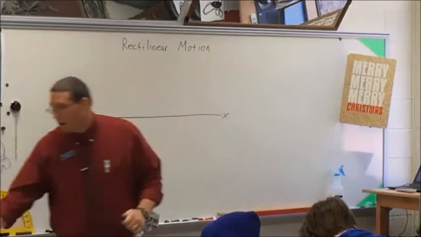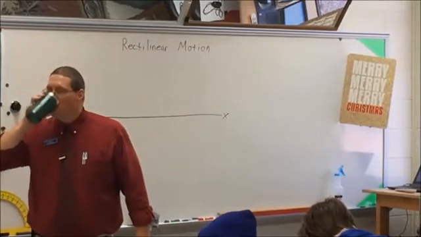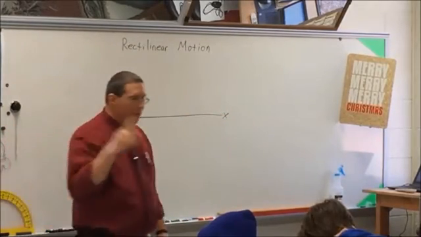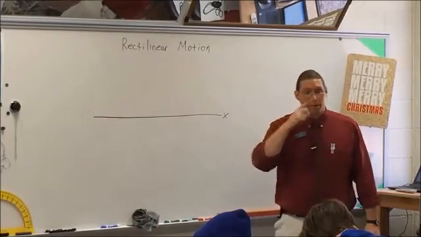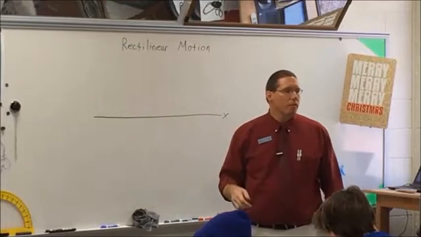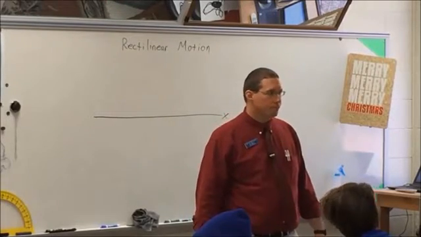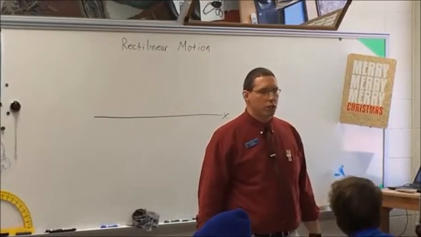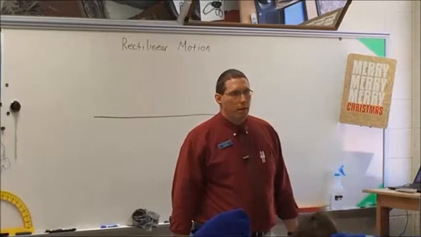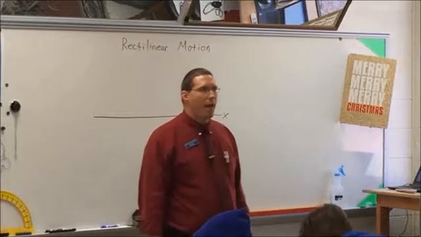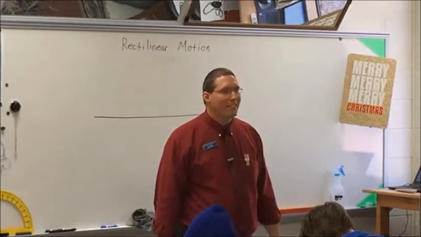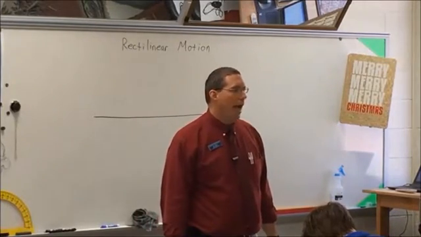Okay, so rectilinear motion. This is basically what rectilinear motion means. If you want to write something next to it, it basically means one-dimensional motion. What I mean by that is, in this class, in AP Calculus AB, we are only going to deal with one of the three axes.